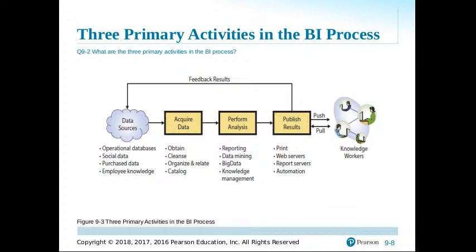The first one is to acquire the data, the data acquisition. In this activity, first we collect the data, we obtain the data. We only select the data that are really needed for the next step.